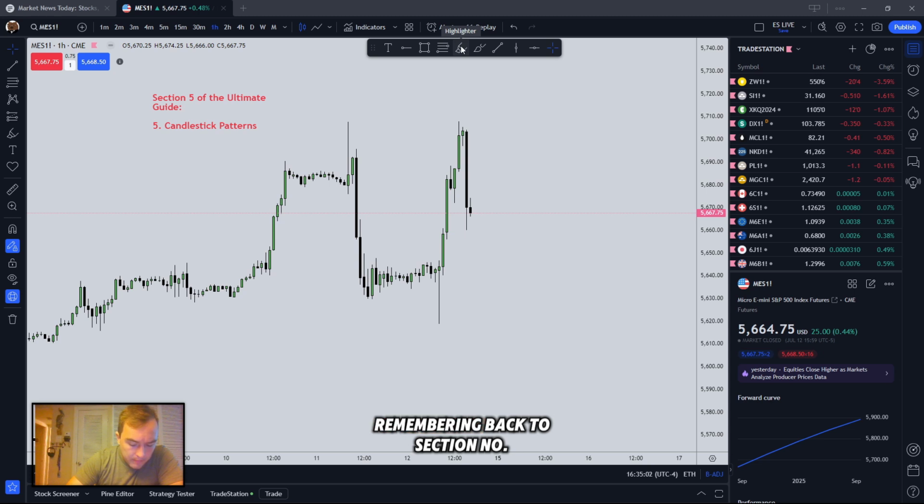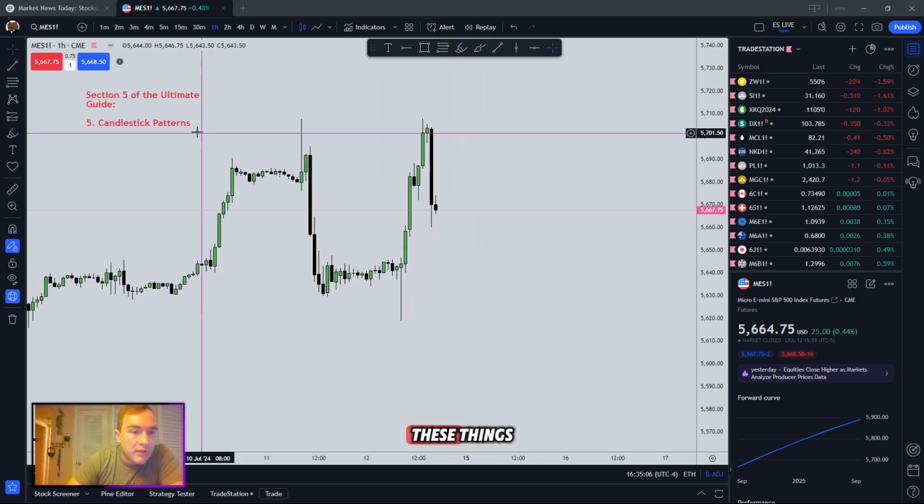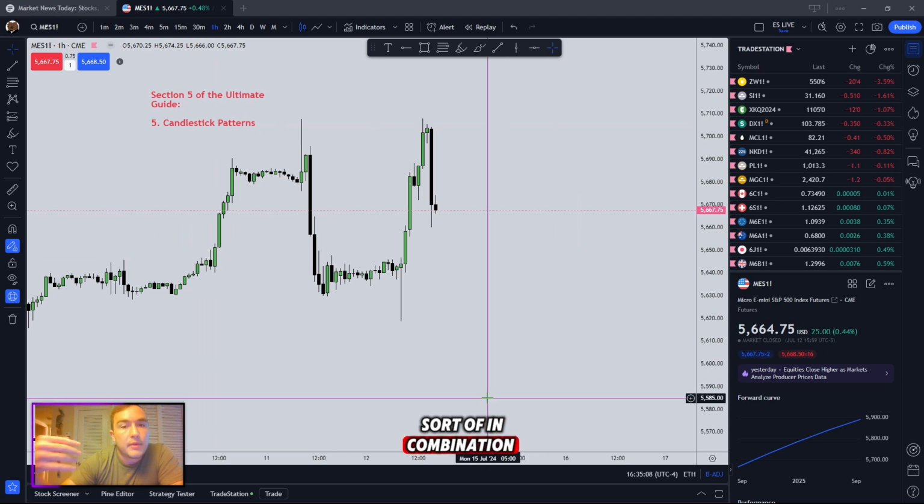So remembering back to section number 1 of candlestick charts, how can we start to use these things in combination? Well, guys, the idea behind candlestick patterns is that the shape of the candle, or the shape of a combination of candles, should indicate to you what the market is more likely to do in the future than not.